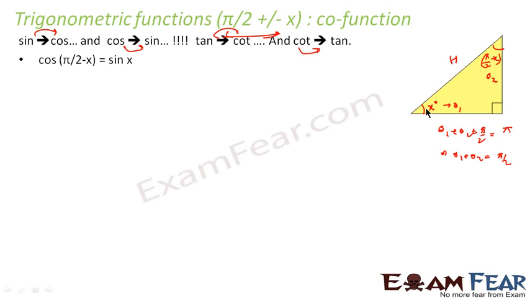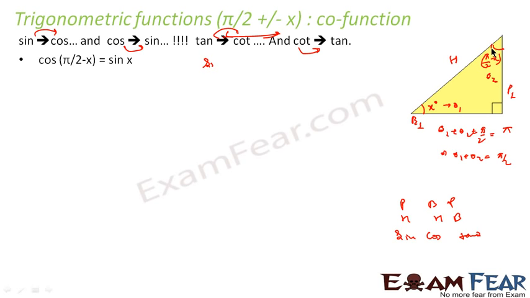Now, when you see cos of pi by 2 minus x, this becomes sin x. I'll show you how. So we have this formula: sine, cos, and tan. When I'm considering theta 1 as the angle, this becomes the base, b1, and this becomes the perpendicular, p1.